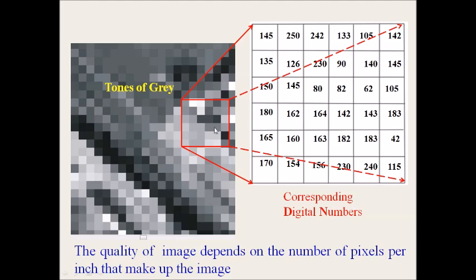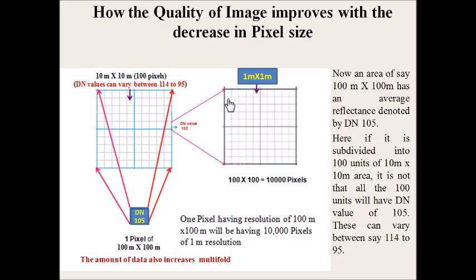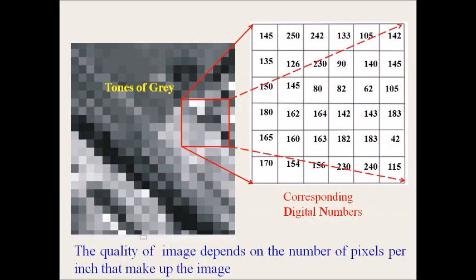We cannot otherwise differentiate between these two pixels with our eyes. Similarly, this one is showing a reflectance value of 42, whereas this pixel has the value of 62.